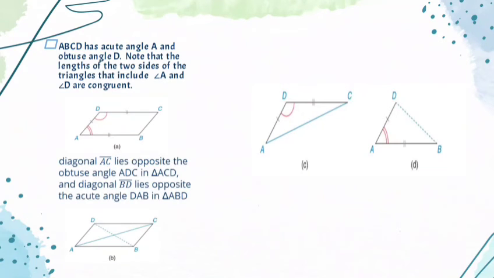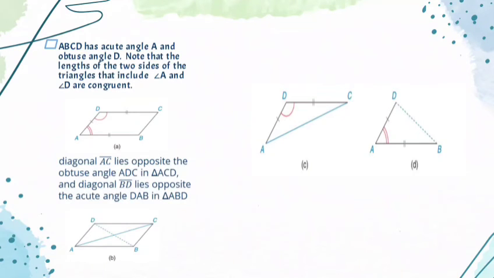In figure 4.7 C and D, we have taken triangle ACD and triangle ABD from parallelogram ABCD of figure 4.7b.